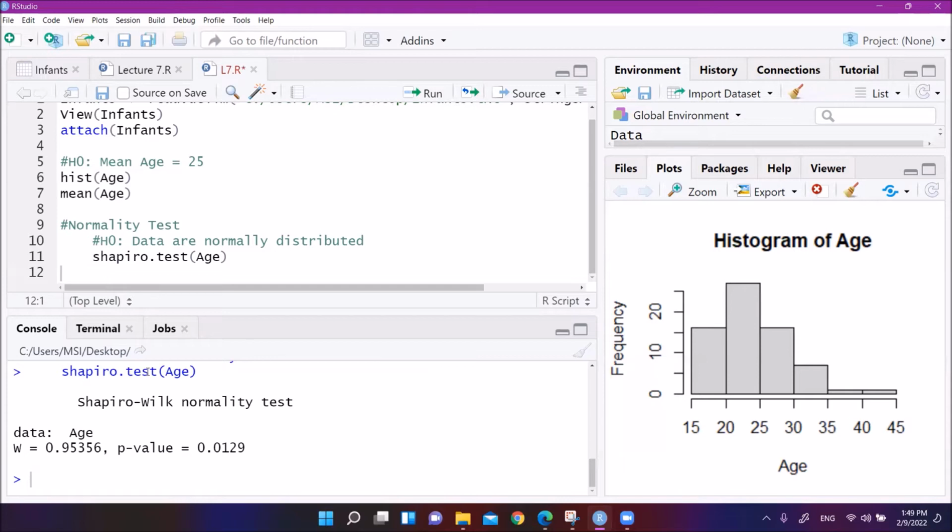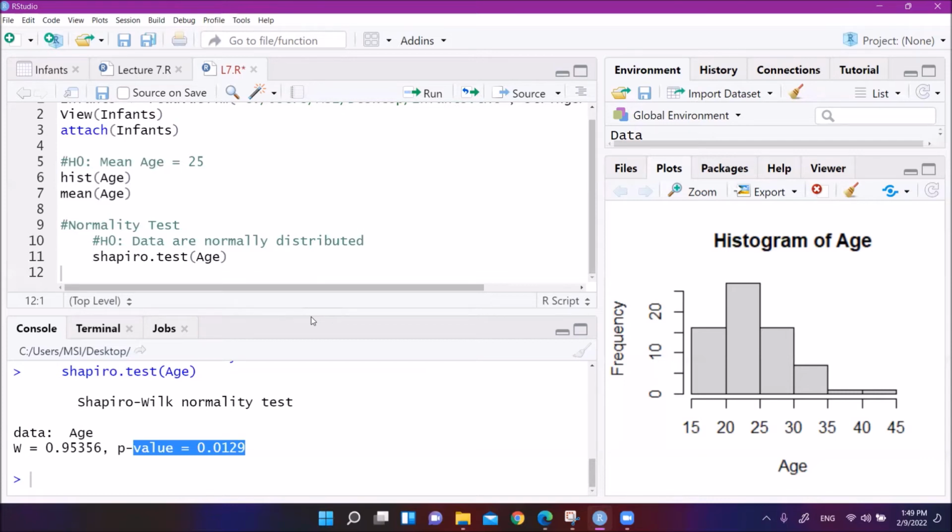Reject H naught if the p-value is less than the significance level, alpha. We are doing the test for a certain confidence level or significance level. 95% confidence means 5% significance. You can say it either way. So let's say you're checking this at the 5% significance level. So what is your alpha?